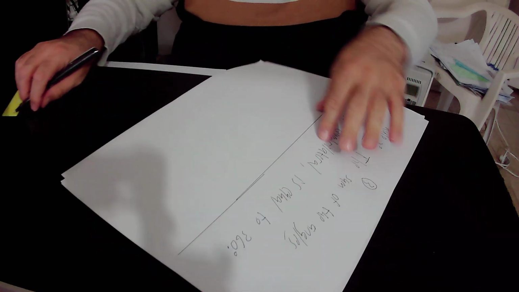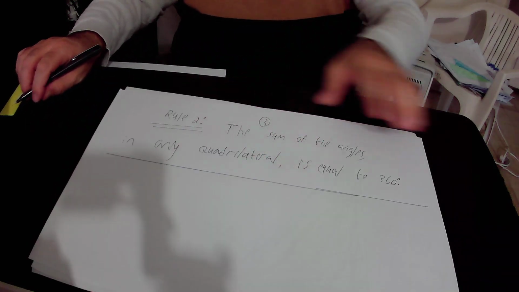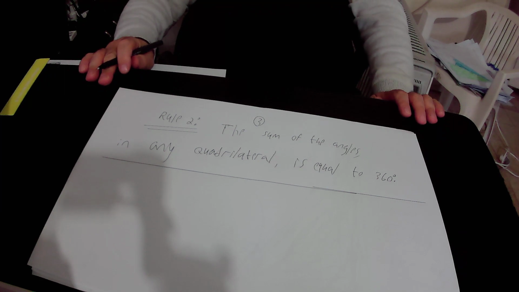So I will read rule number 2 again. According to rule number 2, the sum of the angles in any quadrilateral is equal to 360 degrees.